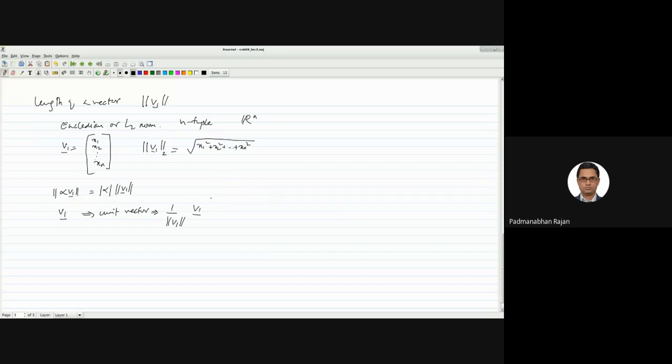This will give you a vector in the same direction, but which has unit length. Let me call this vector y. The norm of y is going to be 1, right? Because you have normalized the length of the original vector v1.